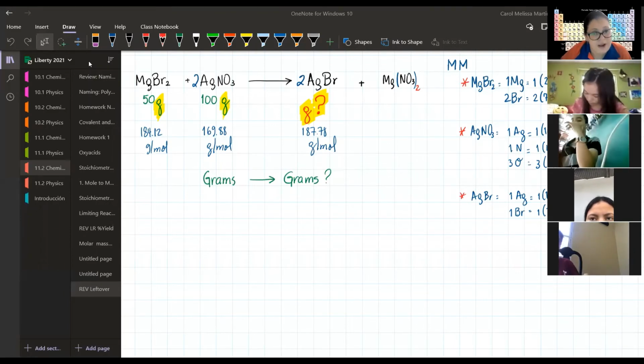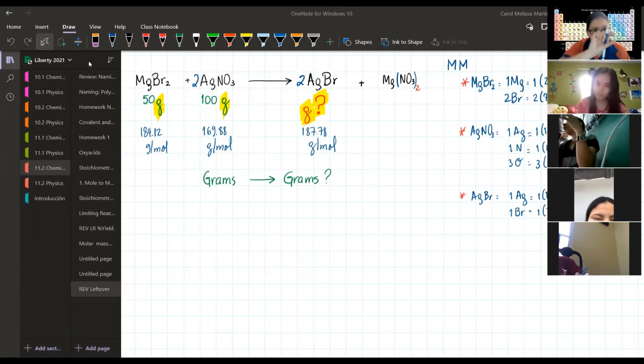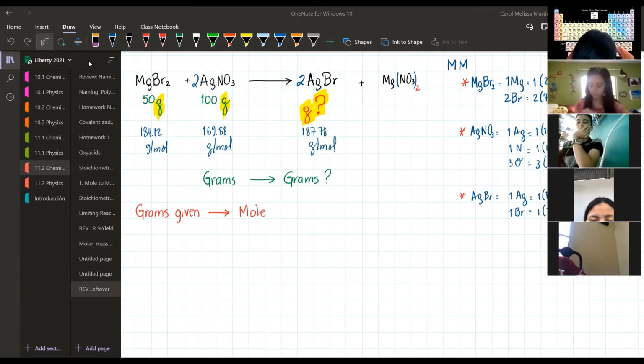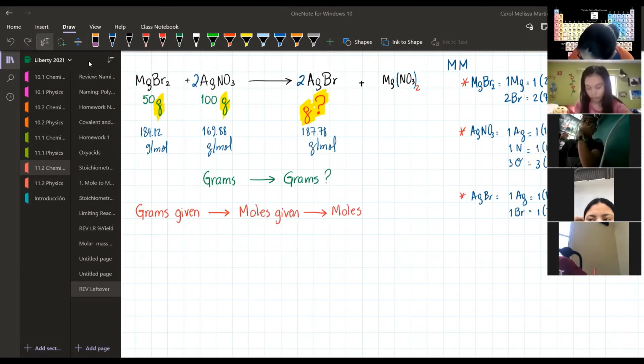So this is grams to grams stoichiometry, and you know that I already gave you the path for this kind of conversions. That says grams given to moles given to moles unknown to grams unknown.